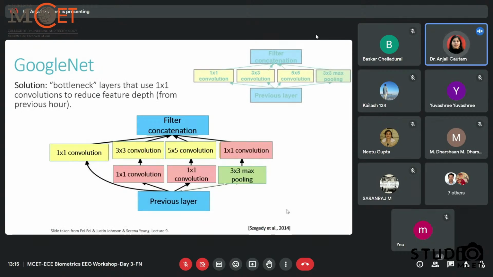Why consider direct 3 cross 3 or 5 cross 5 convolution or 3 cross 3 max pooling? Why not perform just 1 cross 1 and then the 3 cross 3? Everywhere, just add a 1 cross 1 convolution. So what is happening? With the 1 cross 1, they are reducing the size by reducing the number of convolution operations.